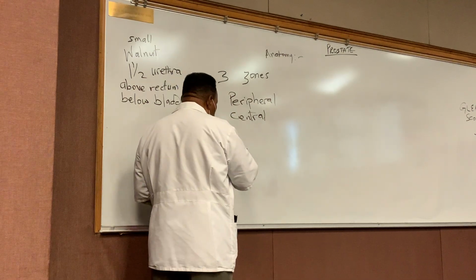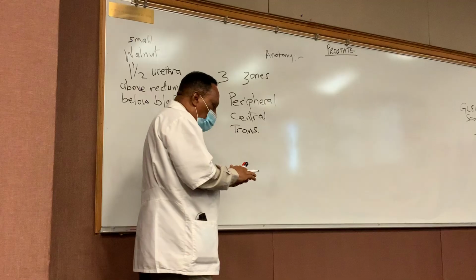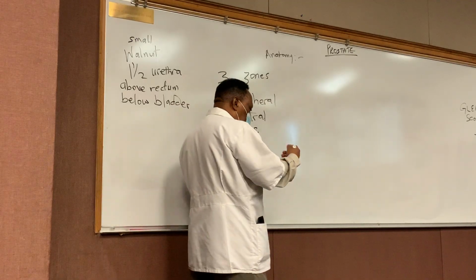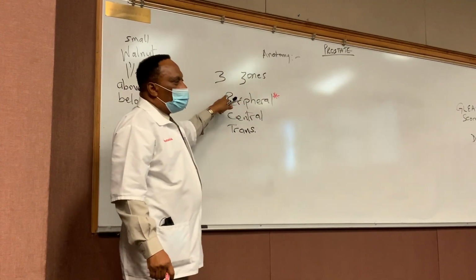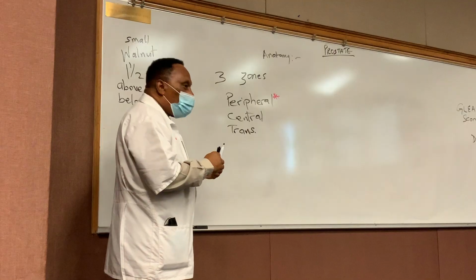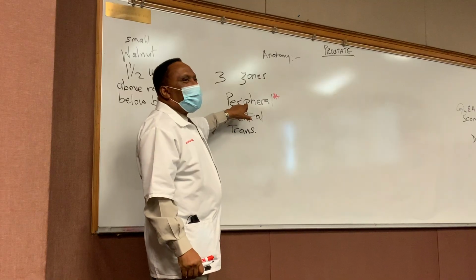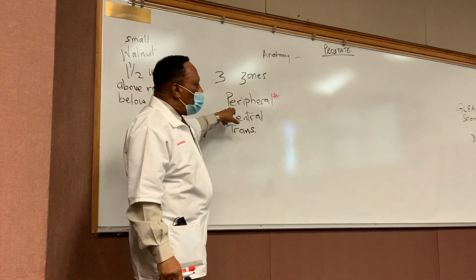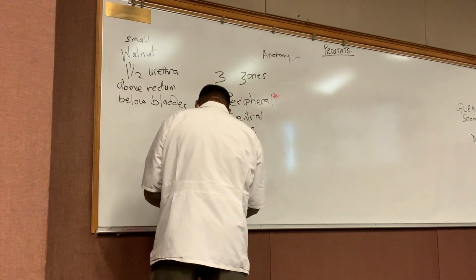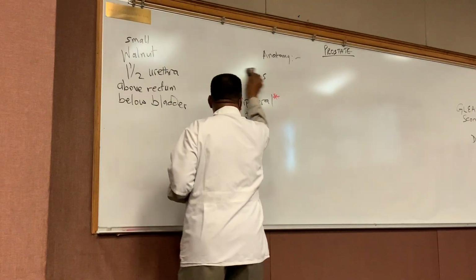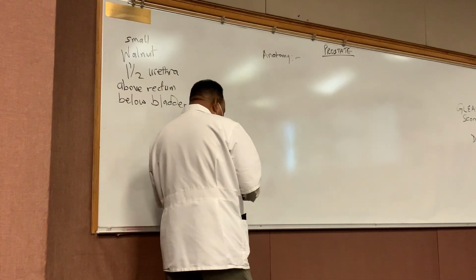So those are the three zones, and most of your prostate cancer cells or tissues come from the peripheral zone, that is on the outermost.